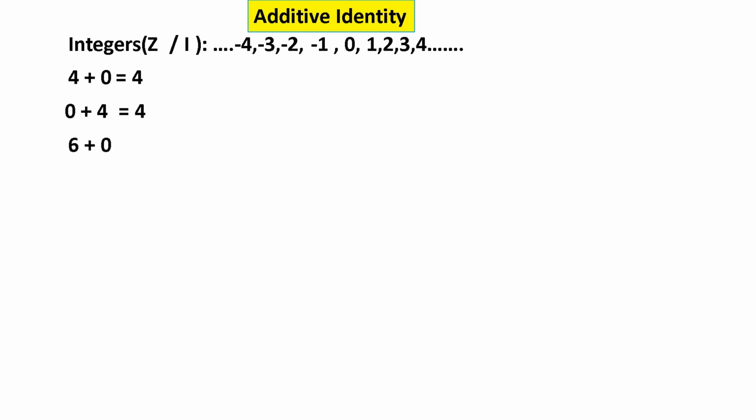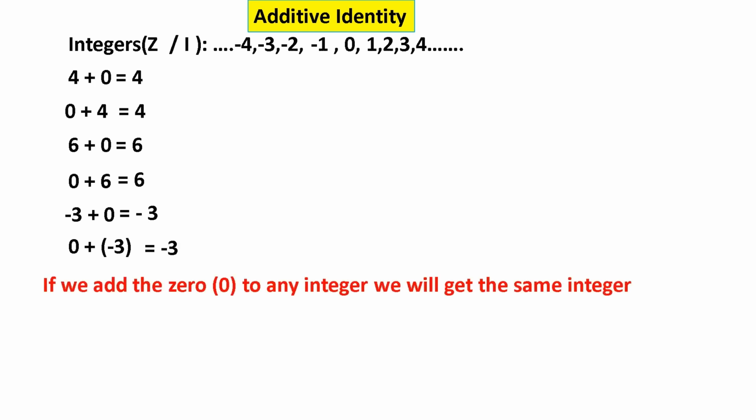And 6 plus 0 is 6. 0 plus 6 is also 6. Now here another example, minus 3 plus 0 is minus 3. 0 plus minus 3 is minus 3. If we add 0 to any integer, we will get the same integer.